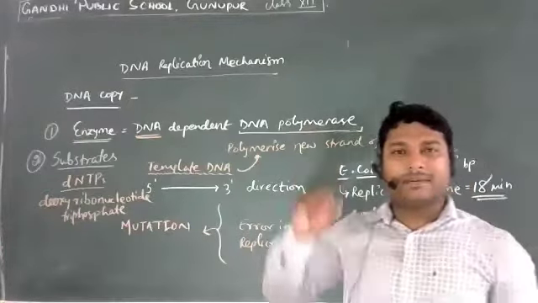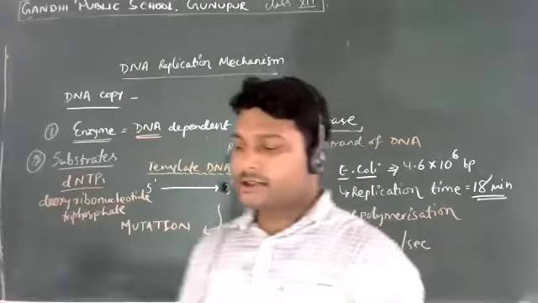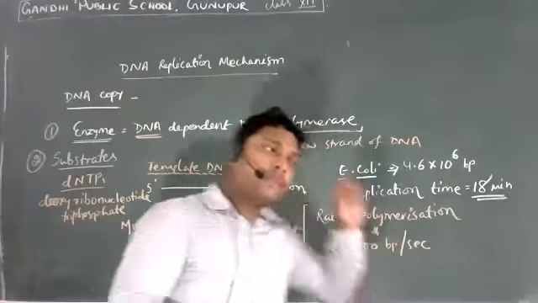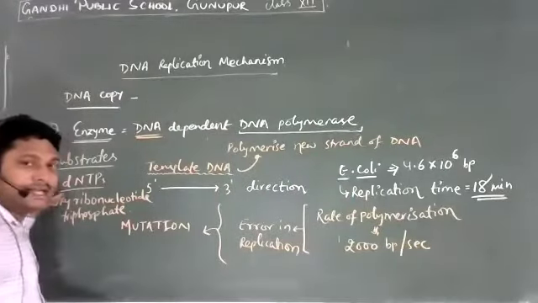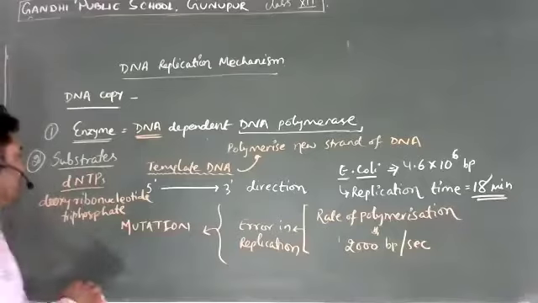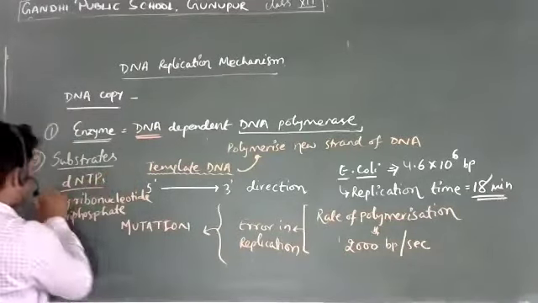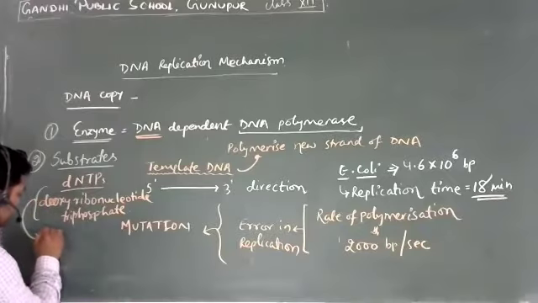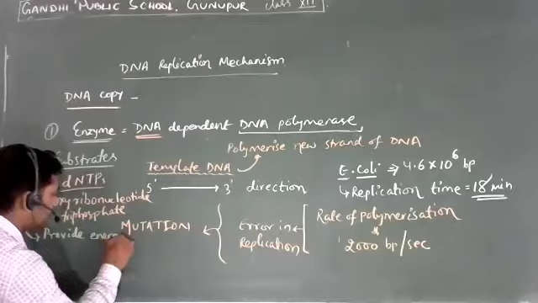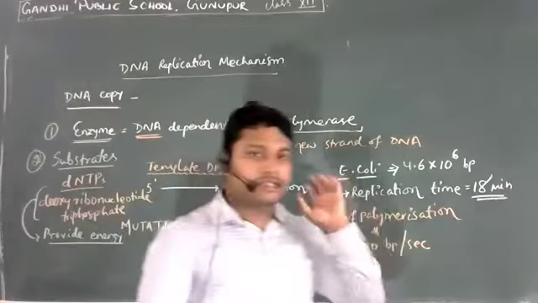Deoxythymidine triphosphate, deoxyguanosine triphosphate, deoxycytidine triphosphate. Now these are the dNTPs that are going to act as substrates, and they also provide energy during the polymerization process.